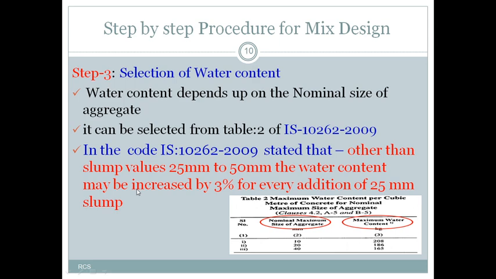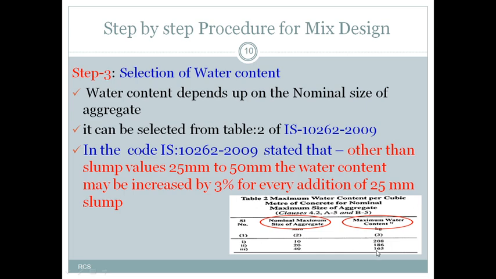So what do you mean by this? It means, suppose up to 50 mm slump you have the water content value. Now I want to know the water content value for 75 mm slump. Here the code states that for increasing a further 25 mm of slump beyond 50 mm, you can add 3% of water to that of the 50 mm slump. Suppose I am choosing a nominal maximum size of aggregate as 20 mm.